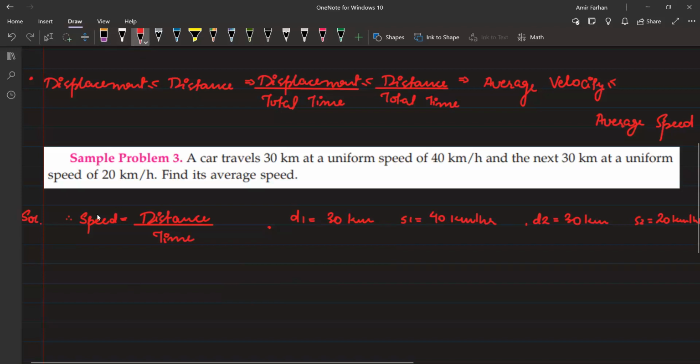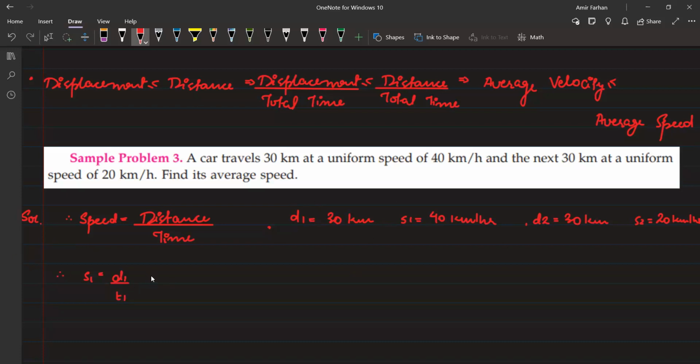Speeds are different, so I'm applying the formula speed is equal to distance upon time. S1 is equal to D1 by T1. Speed is given to you, but I don't have time.